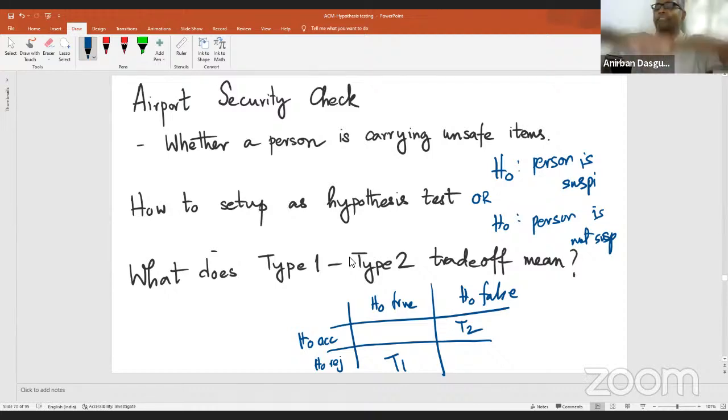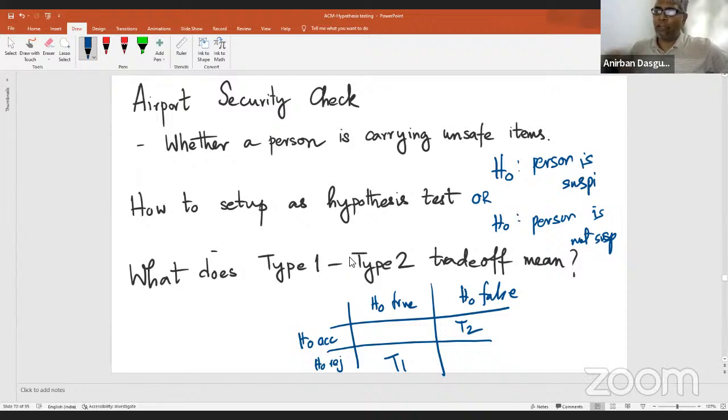If you take H0 to be that the person is not suspicious, then only if you have enough evidence to be suspicious are you rejecting this H0. Let's say that the volume of the blip is your test statistic.